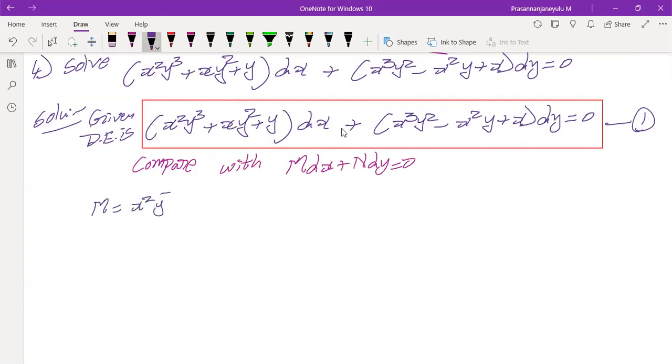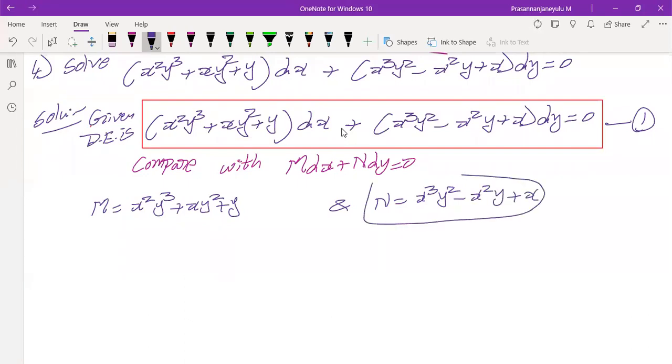Always try to observe in equation number 1 what is the dx coefficient. x square y cube plus xy square plus y is the M coefficient, and the dy coefficient is N, which is x cube y square minus x square y plus x. Taking these as M and N.